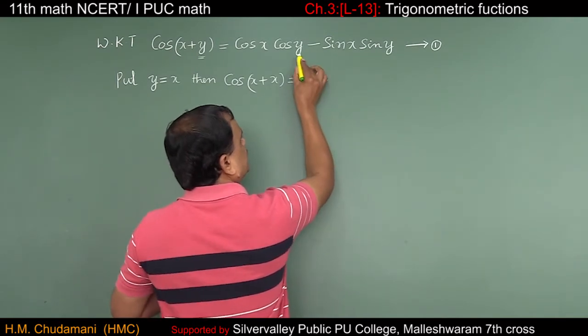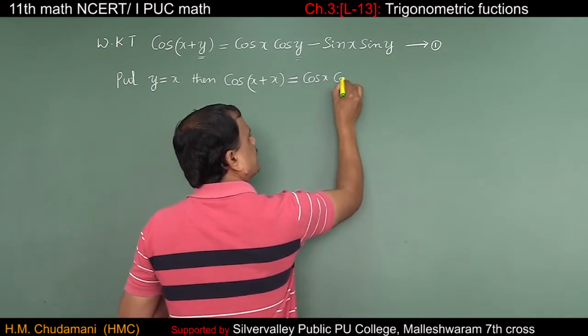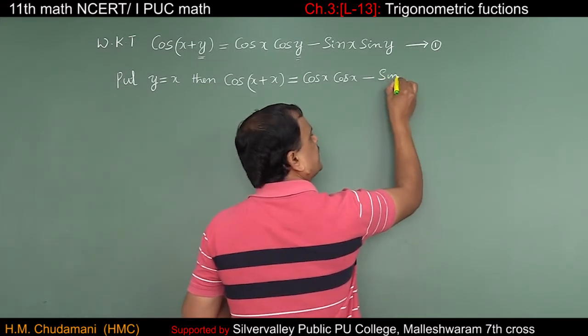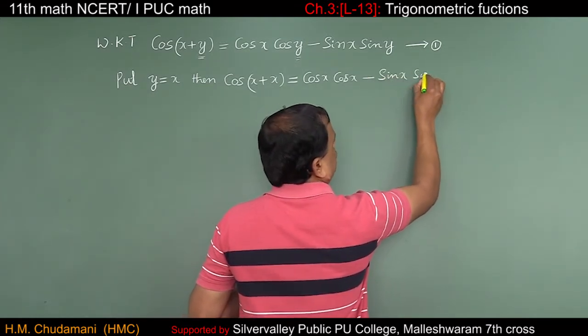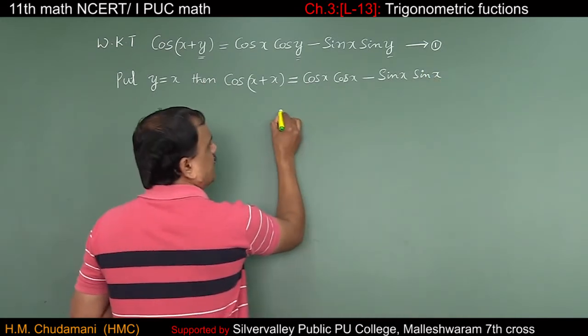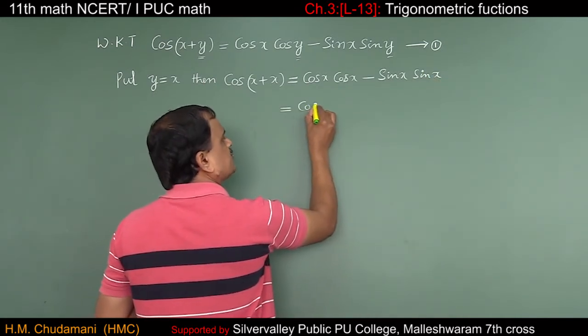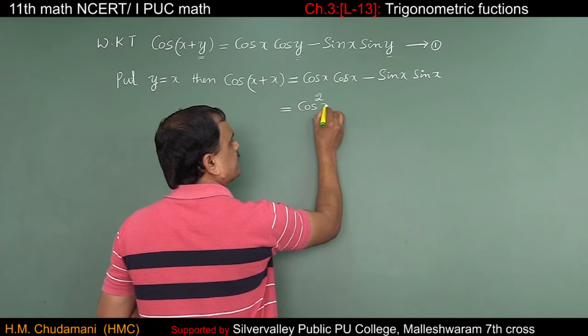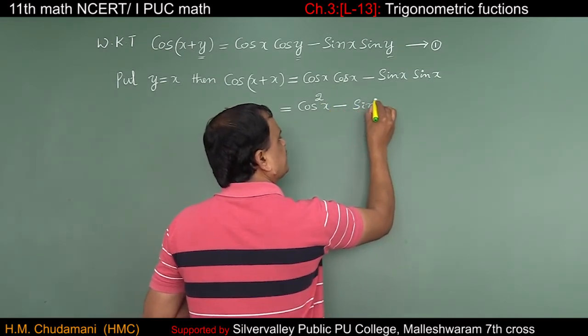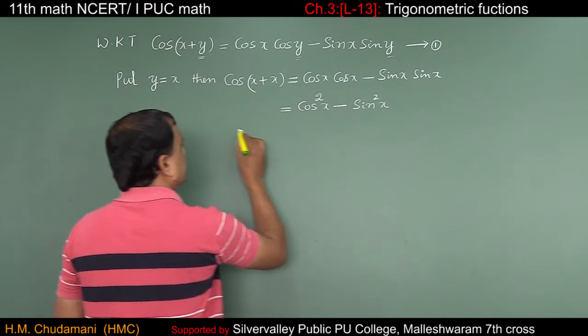Cos x in place of y, x, minus sin x into, in place of y, sin x. Cos x into cos x means cos square x, minus sin x into sin x means sin square x.